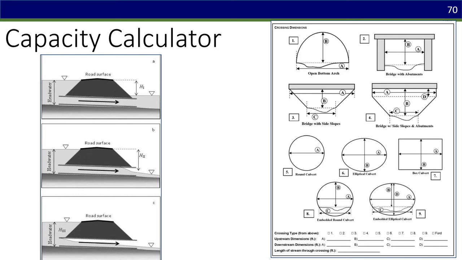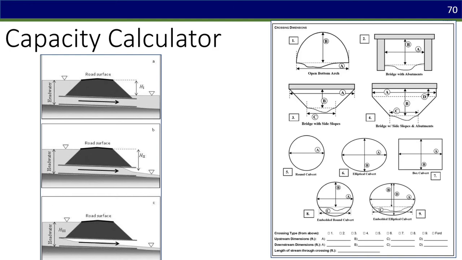But on the left here, we've got three different inlet-outlet conditions based on whether the outlets are submerged or not, and what the headwater conditions are. And of course, each one of these different conditions has a different equation, so they're going to give you a different result in terms of the capacity of the culvert.